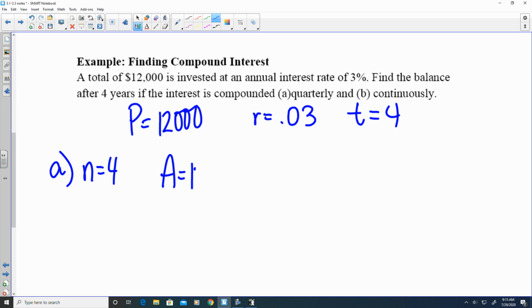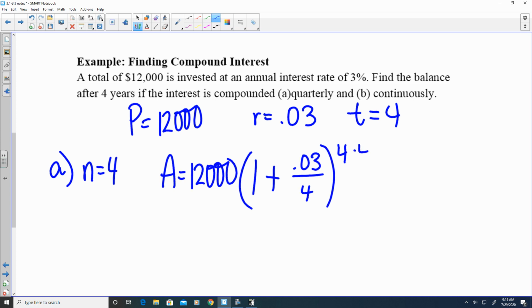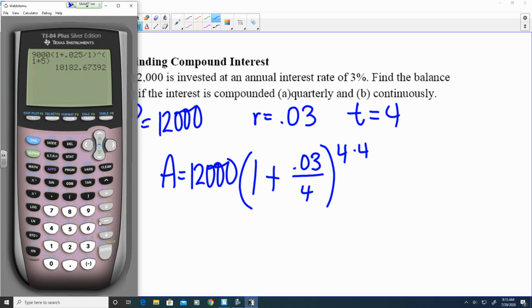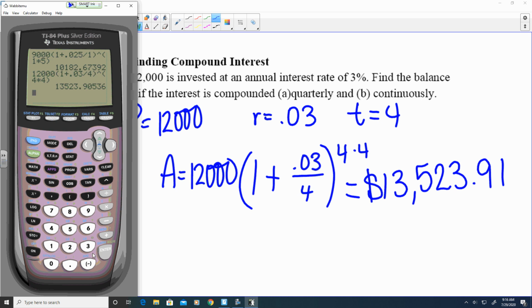So we do the 12,000 out front using the same formula we did up above, 0.03 divided by n to the nt. 12,000, 1 plus 0.03 divided by 4, raised to the, in parentheses, 4 times 4, or you could have just put 16 right away. $13,523.91. We should always round to 2 decimal places since we're dealing with money.